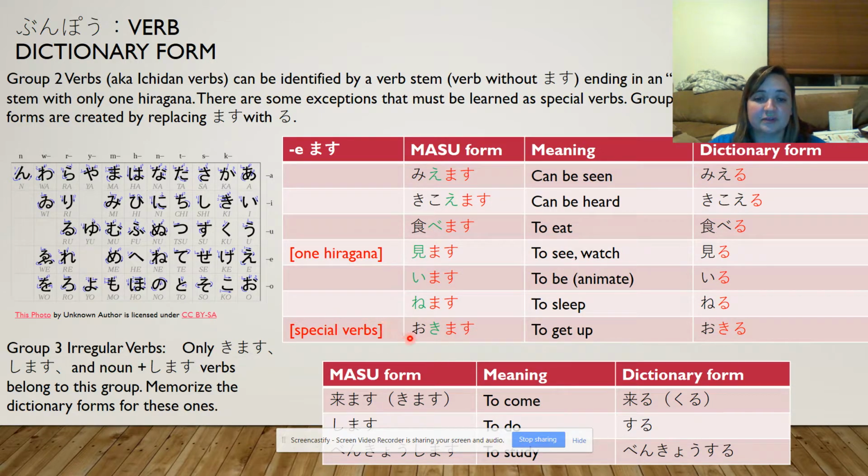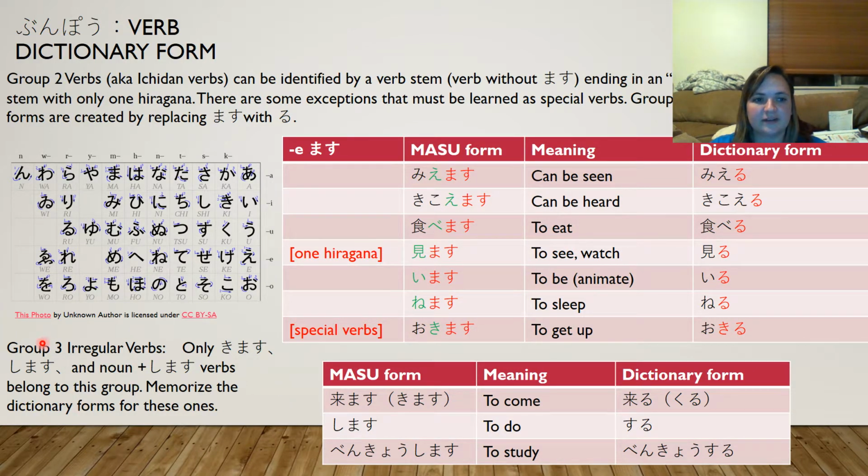And then we have a special one, okimasu. When we look at it, oh, it ends in i, it looks like a godan verb. It's actually an ichidan or group 2 verb. So it becomes okiru. Okay. So those are our different types of verbs, okay?